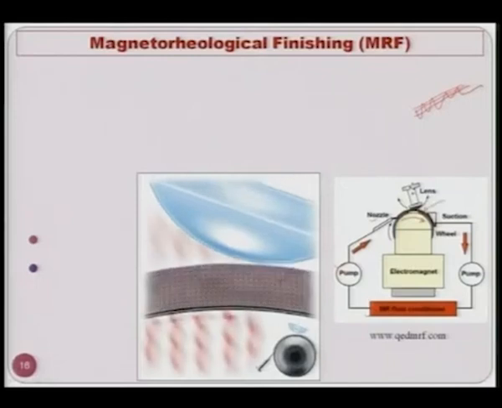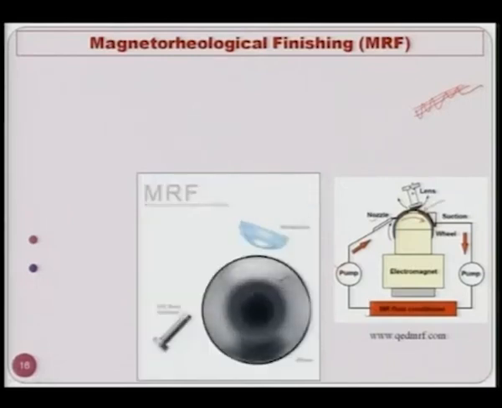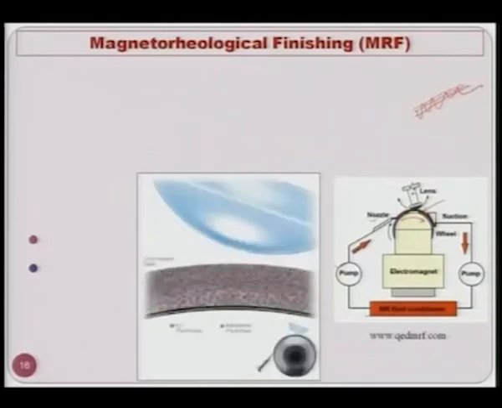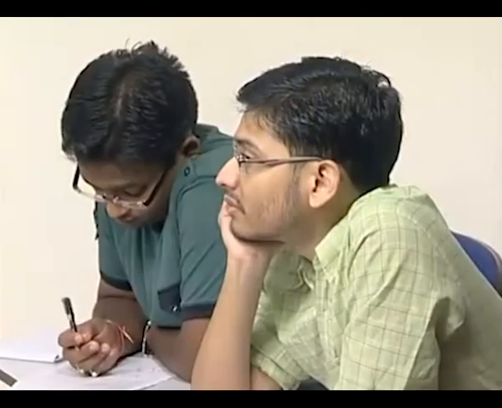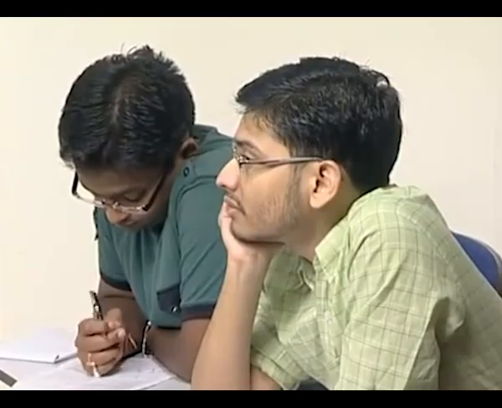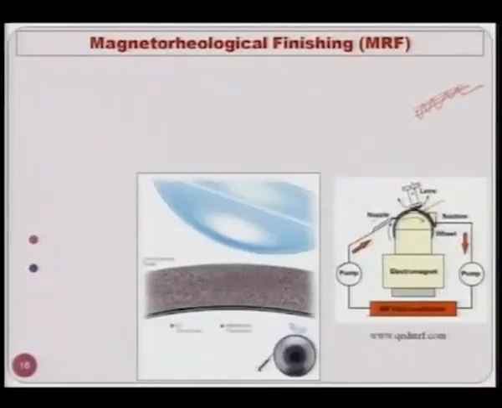This ribbon consists of magnetic particles, abrasive particles, base medium as well as the stabilizer. Now, when it comes in contact with the lens, as you can see in this video, these abrasive particles touch the lens, or there is a relative motion between the abrasive particles and the lens, and it starts removing the material.